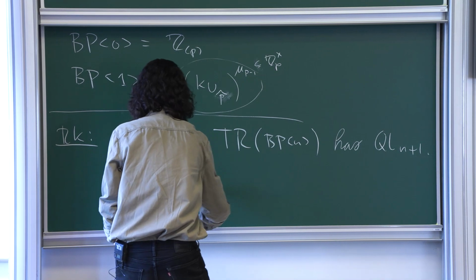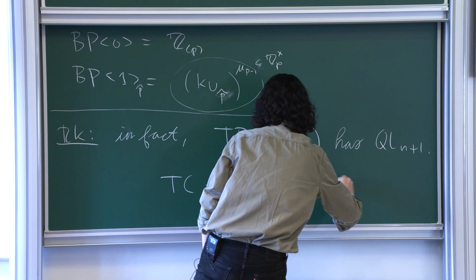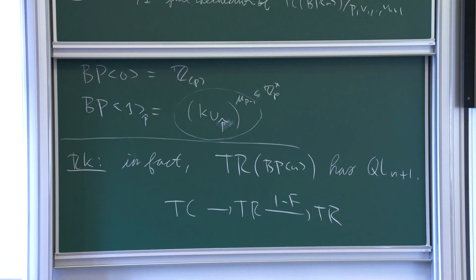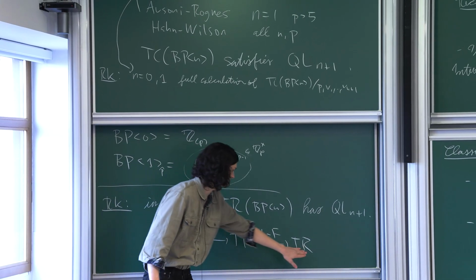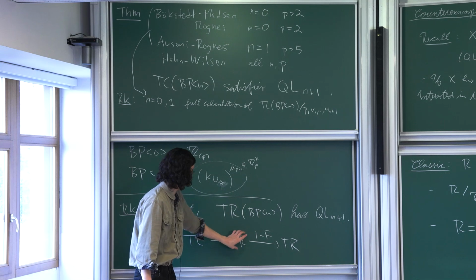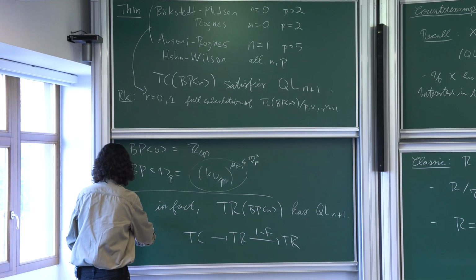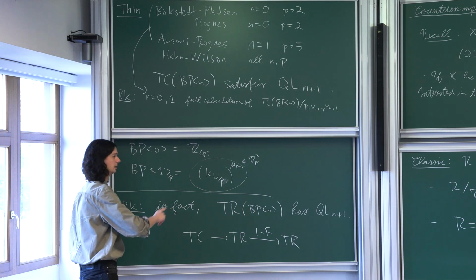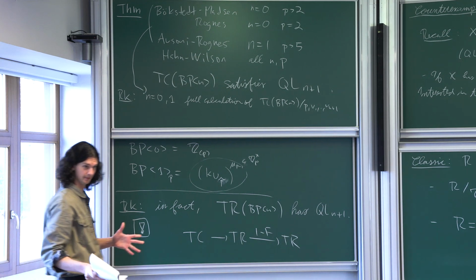And let me tell you that TC is related to TR in the following way. There's a Frobenius, so-called Frobenius action on TR, and TC is basically the fixed points. So you have a fiber sequence like this, so that having QL n plus 1 for TR is stronger than having it for TC. And this is going to be very important for us. The stronger statement will actually play a big role in the disproof of the telescope conjecture, for reasons which I will discuss later.